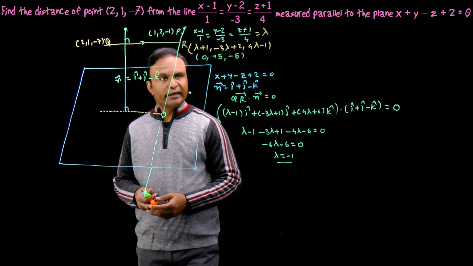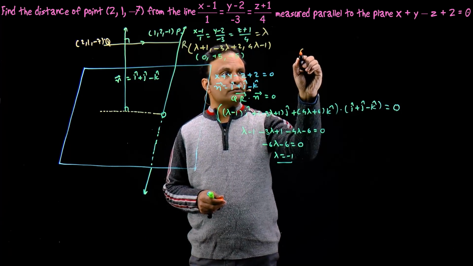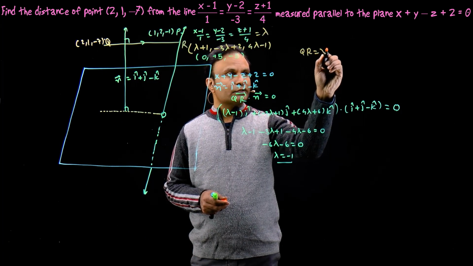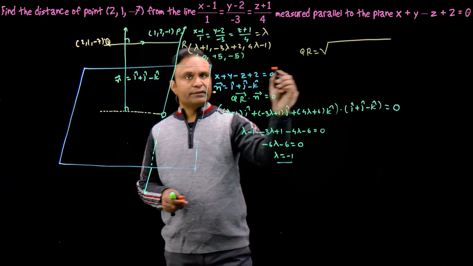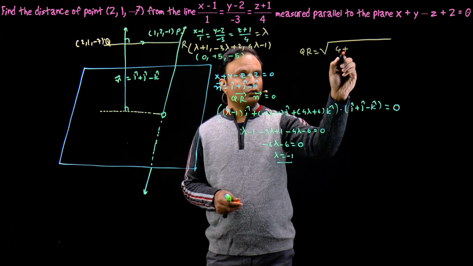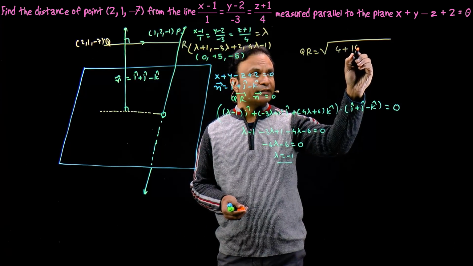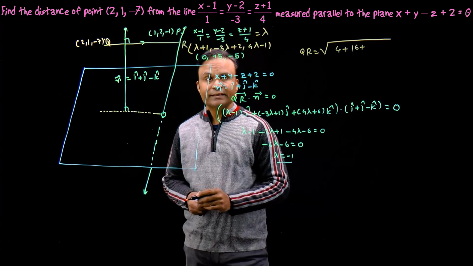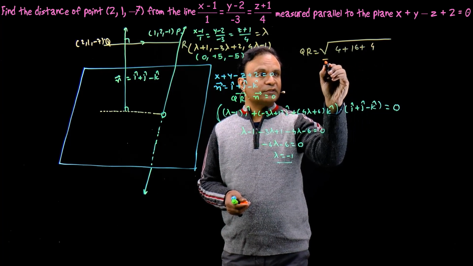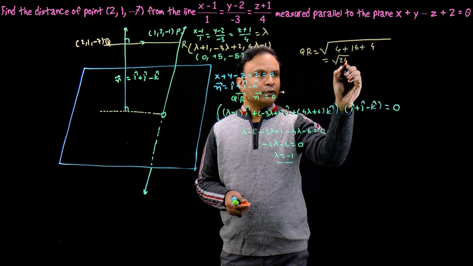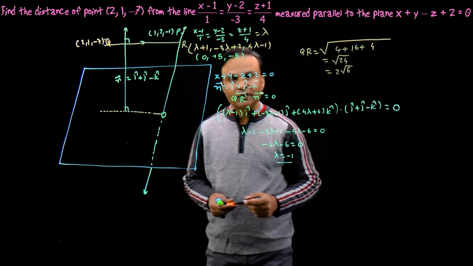So we have now coordinates of point R. We can find distance QR using distance formula. Distance QR is equal to 2 minus 0 square, that is 4, plus 1 minus 5 square, that is 16, plus minus 7 minus minus 5 square, that is 4. So this is square root of 24. This is equal to 2 square root of 6.